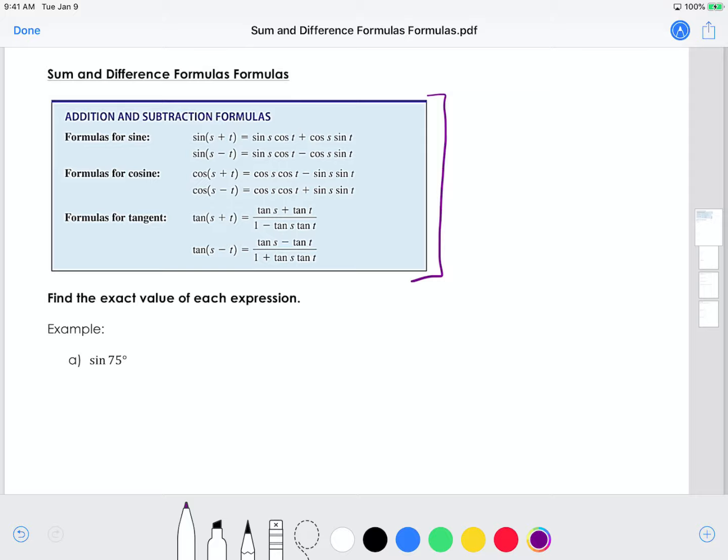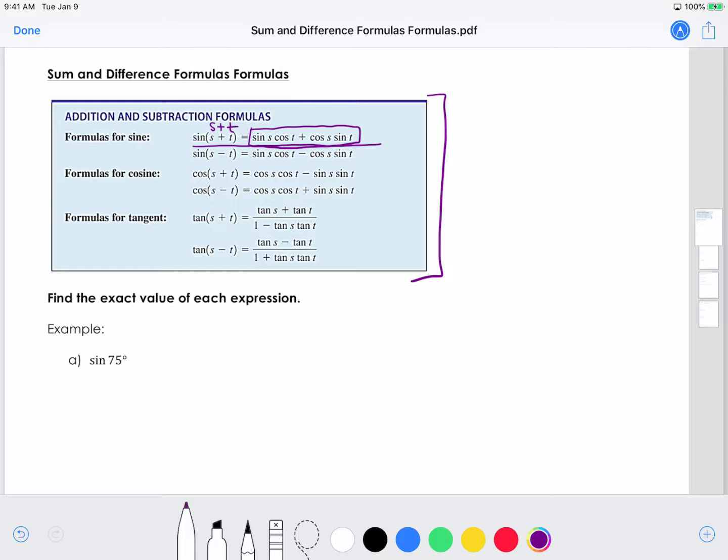For the sum and difference formulas, we're going to use two angles. We're going to break it up either into a sum or a difference using values on our unit circle that we already know to evaluate a trig function of an angle that we don't have on the unit circle.